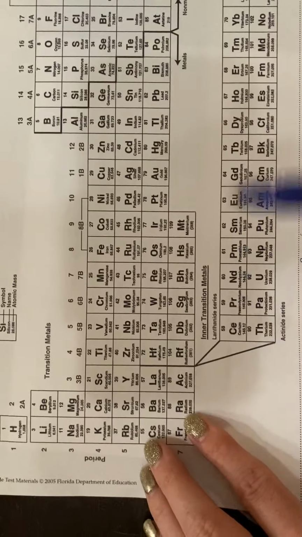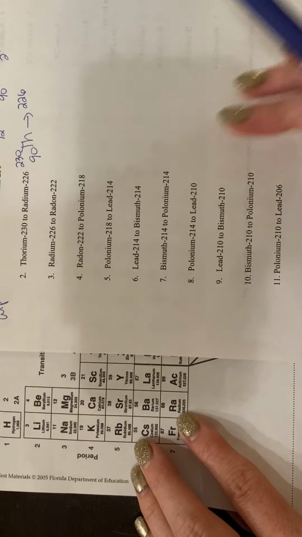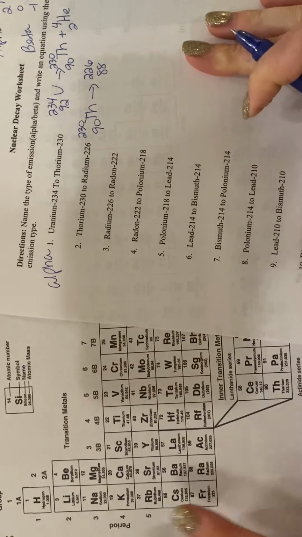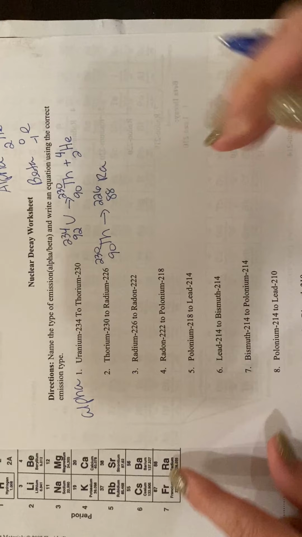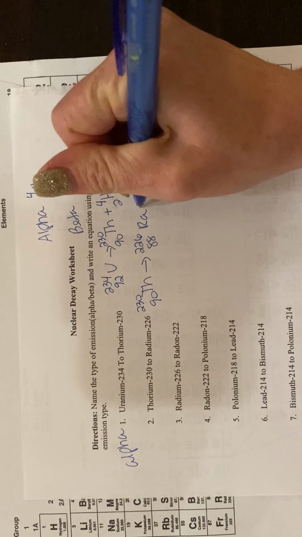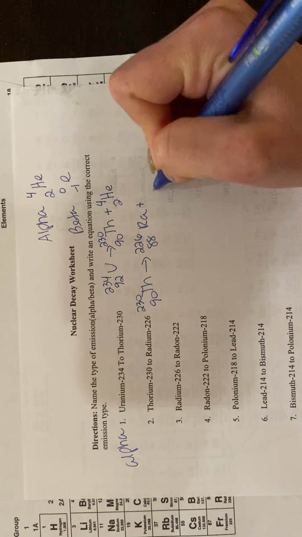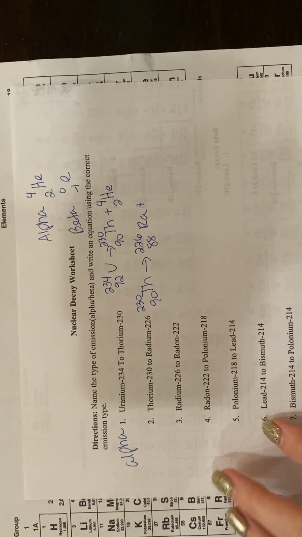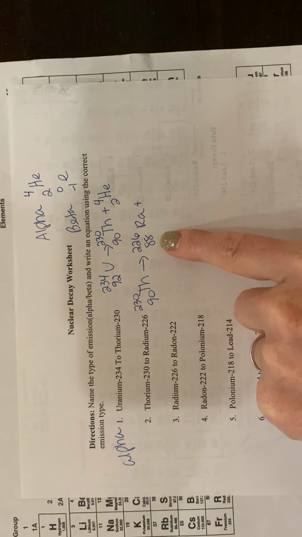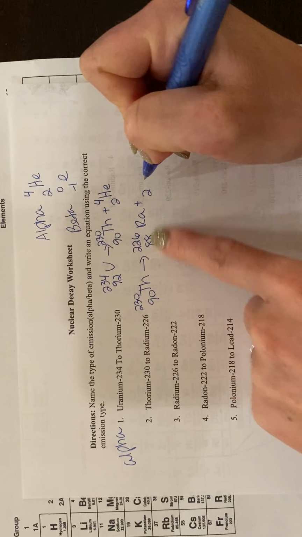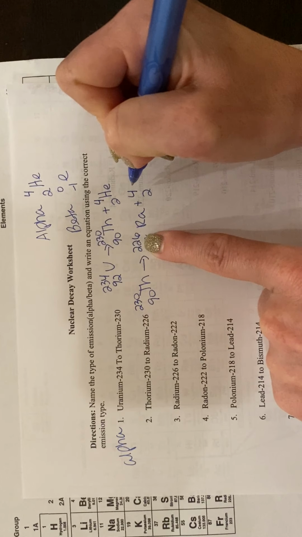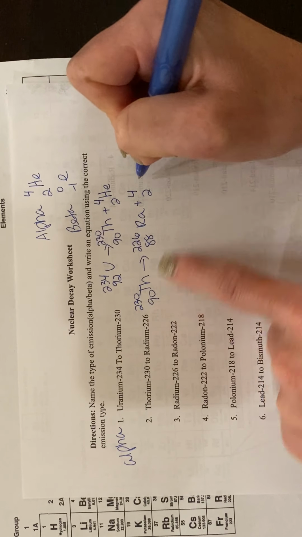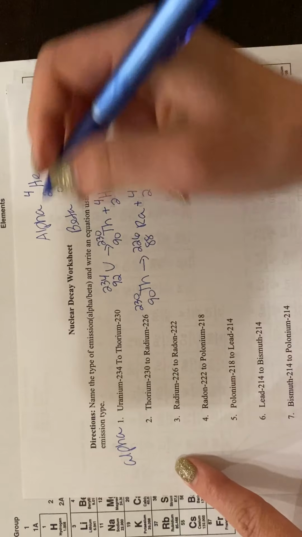Here it is. It's got an atomic number of 88. So I'm going to put 88 here, and my symbol is going to be Ra. And I need to figure out if it's an alpha particle or a beta particle that will give me a balanced equation. So 2 plus 88 will give me 90. And then 4 plus 226 will give me 230. This is going to be another alpha particle.